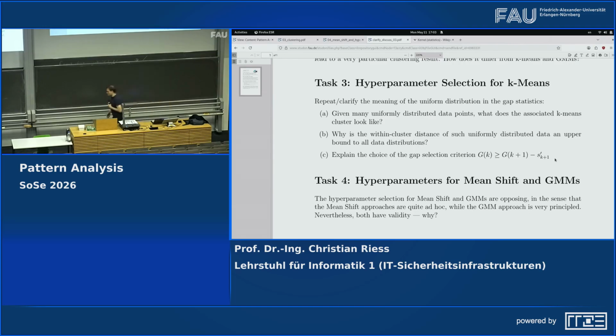What can we say about uniformly distributed data and the K-means clustering of that?